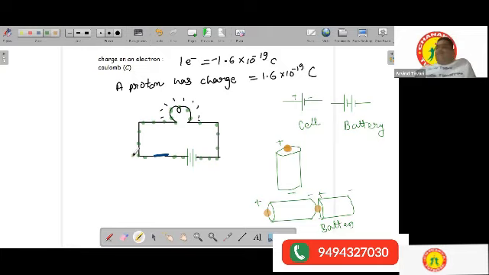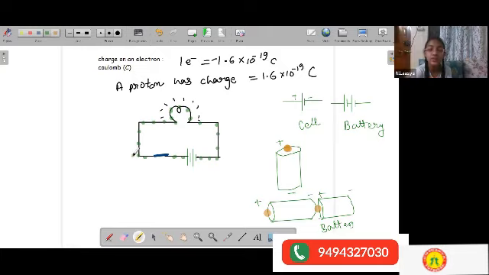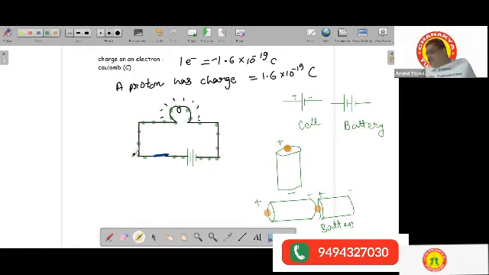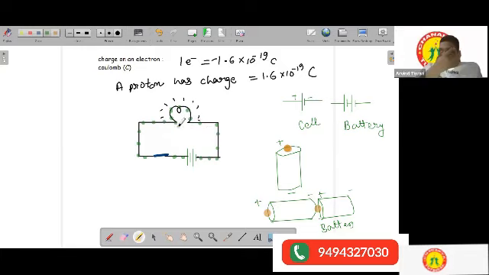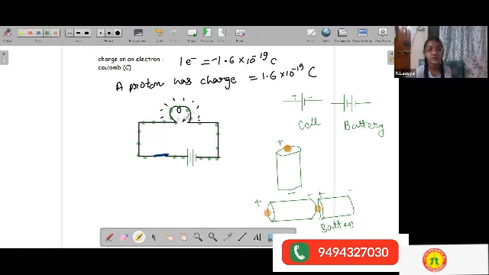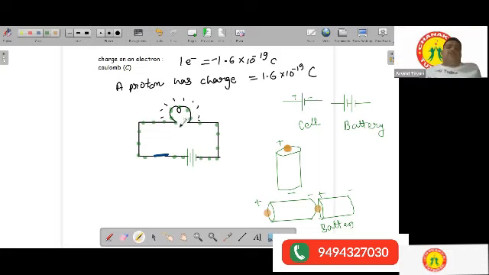The filament of the bulb is connected to the two wires. So if the filament breaks, then the bulb will not glow. So everyone has understood how the bulb glows.